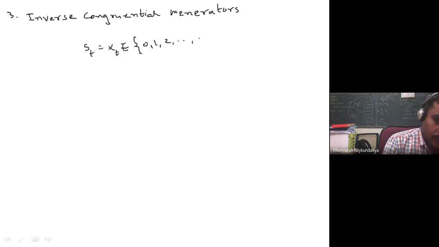Then later on we will talk about the combined generators. So the inverse congruential generator is a random number generator of the form of algorithm 1 with the state St. St is nothing but your Xt, and Xt belongs to 0, 1, 2 up to m minus 1, for some positive integer m called the modulus.